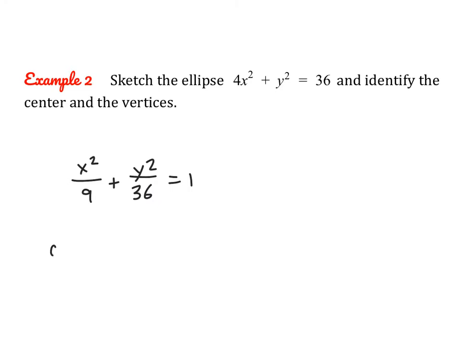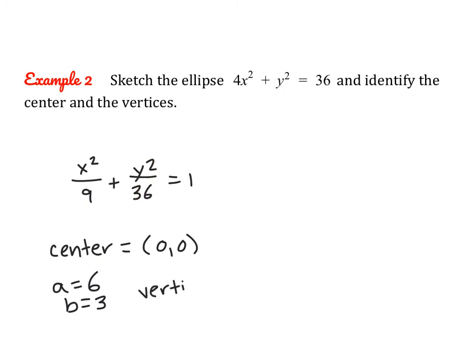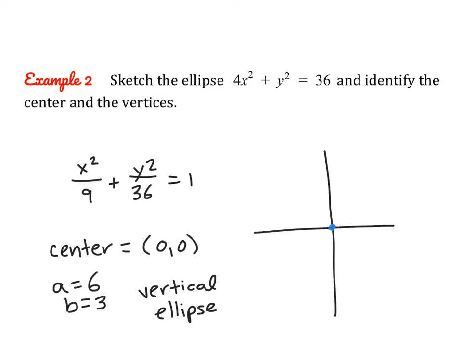So from here, I can see that our center is going to be at (0, 0). I can see that our a value is 6 and that our b value is 3. I can also see, since the y term has the larger denominator, that this is going to be a vertical ellipse. So when we go to sketch it out, here's our center.